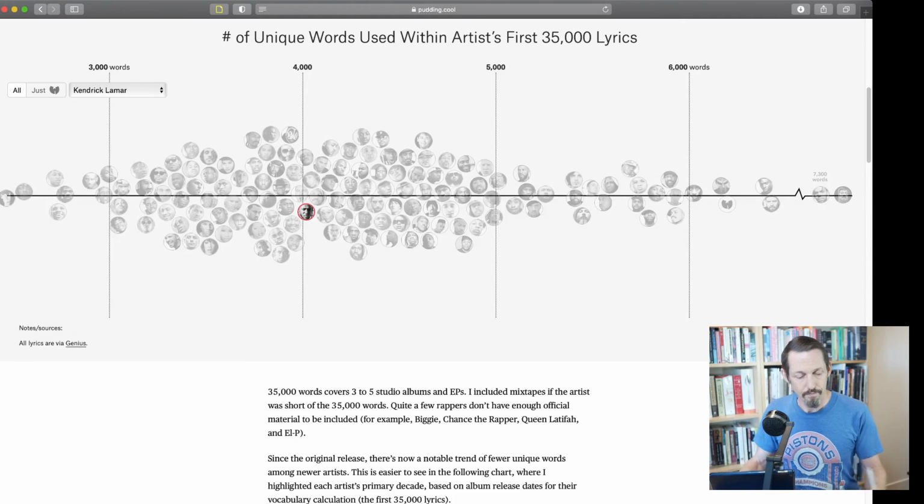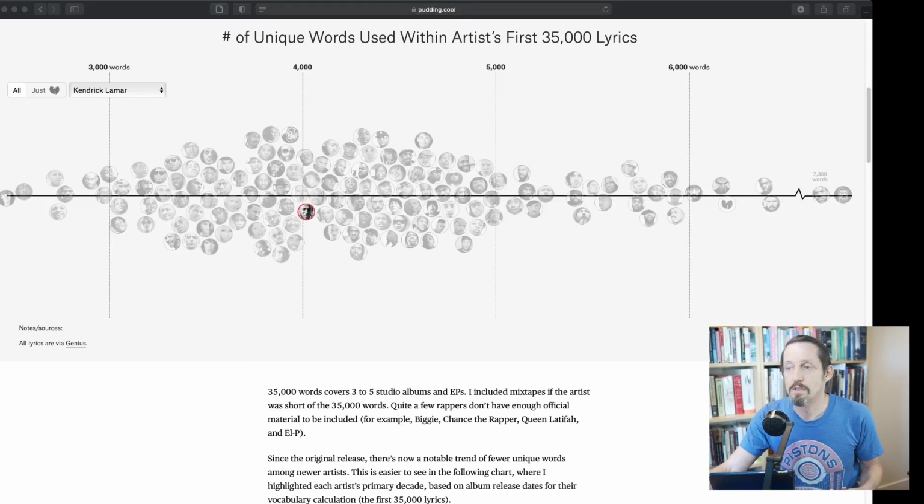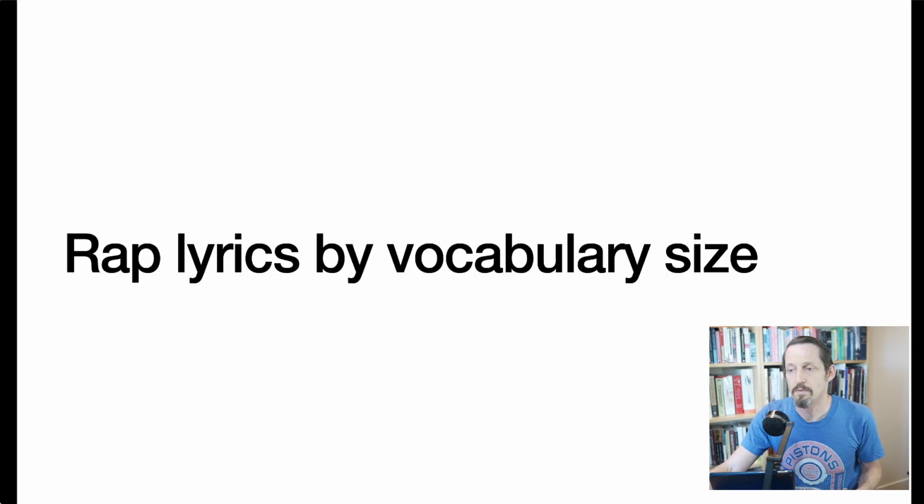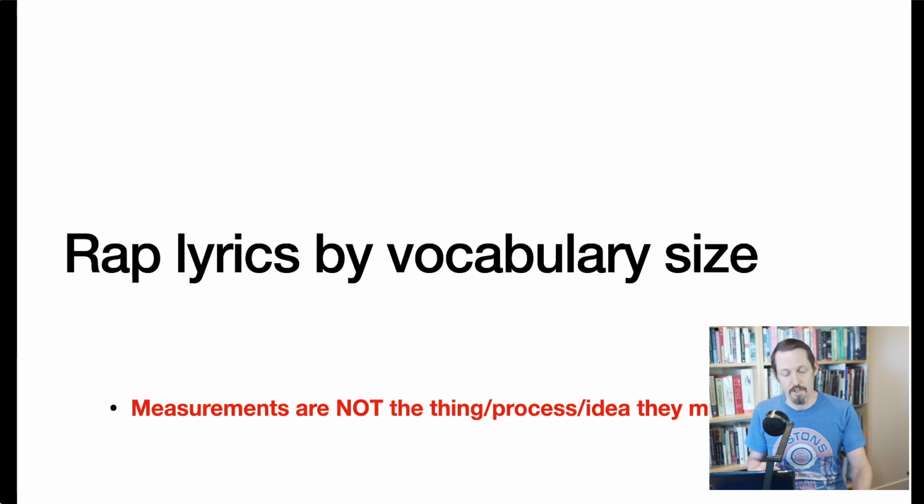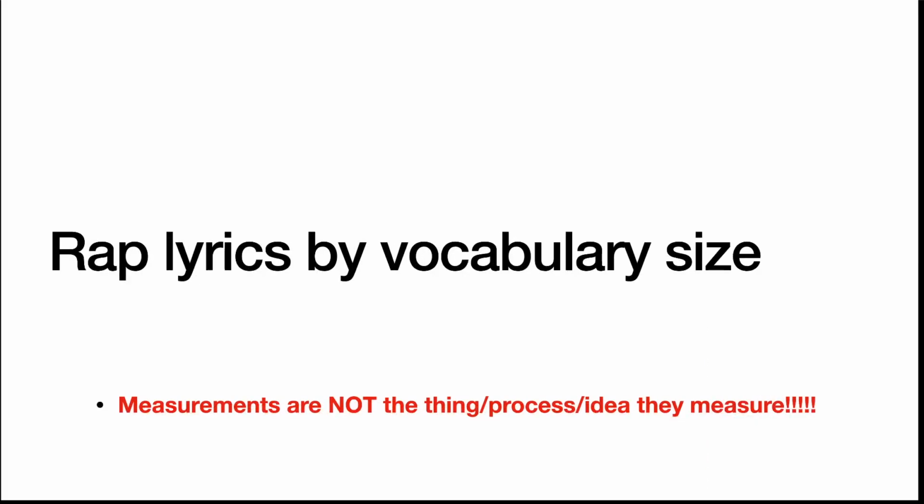All right. Let me get back over here. Cool. All right. Recap. We just showed that it's possible to do things with highly unstructured text and to find interesting patterns. But I kind of ended it on this note here, right? Which is that, as I said earlier, measurements are not the thing they measure.